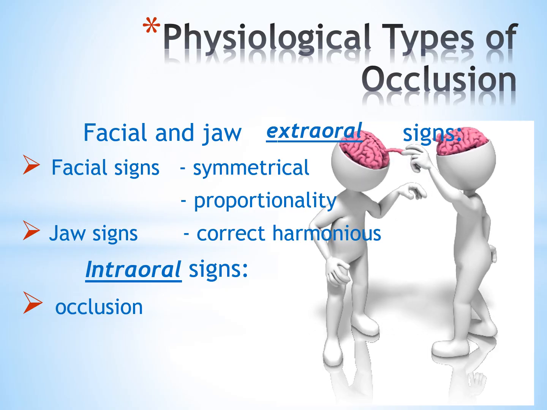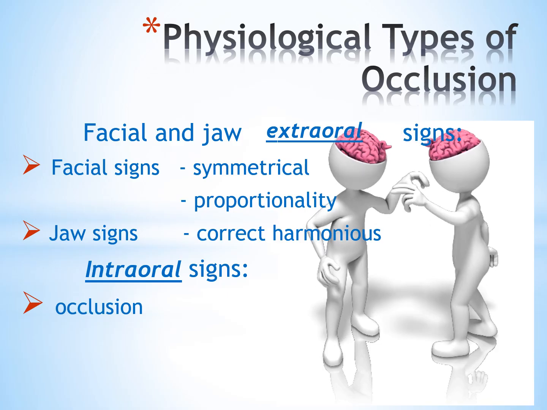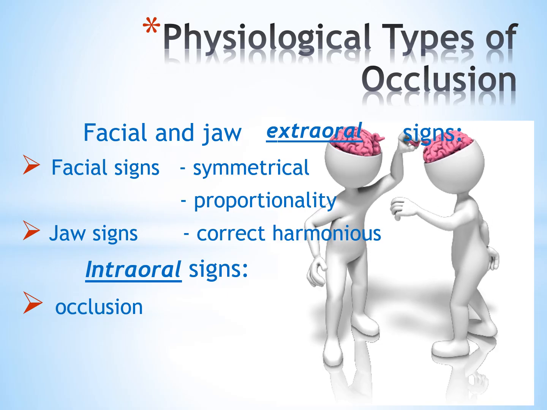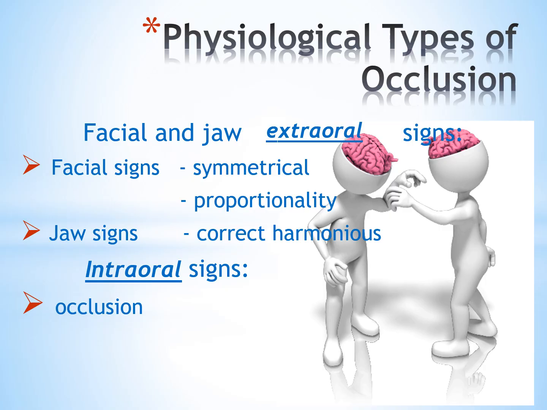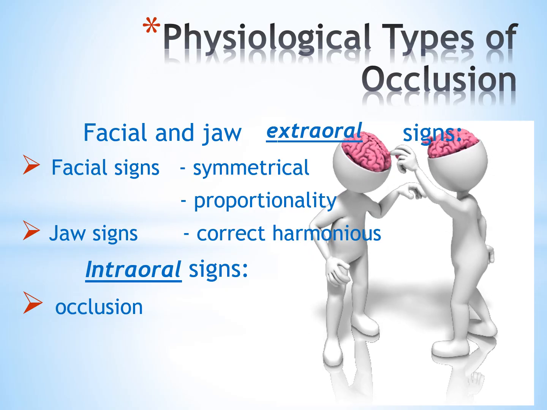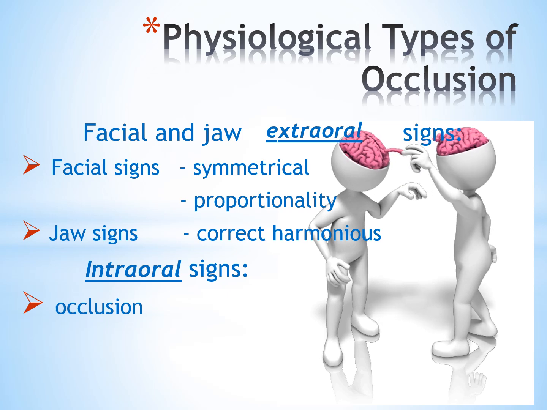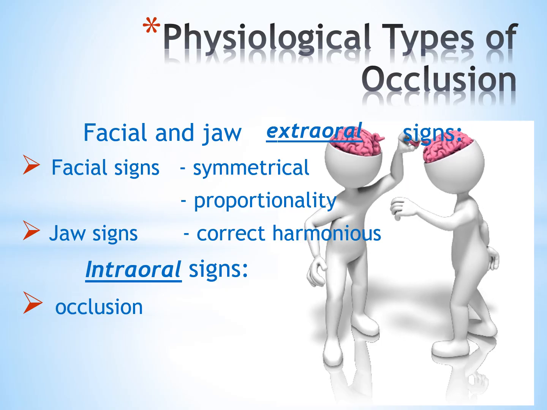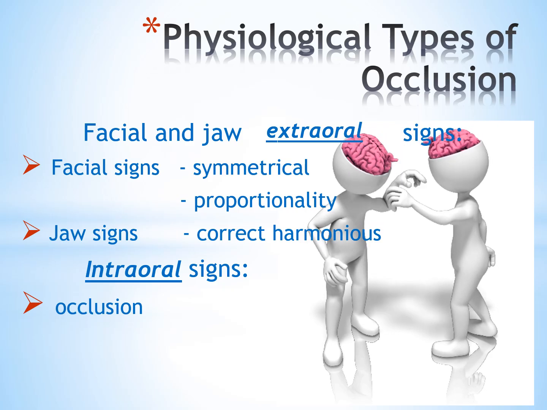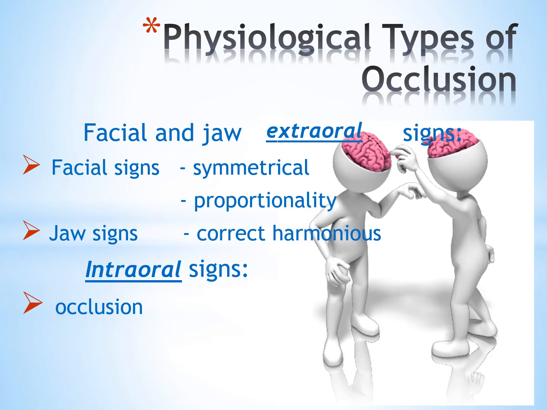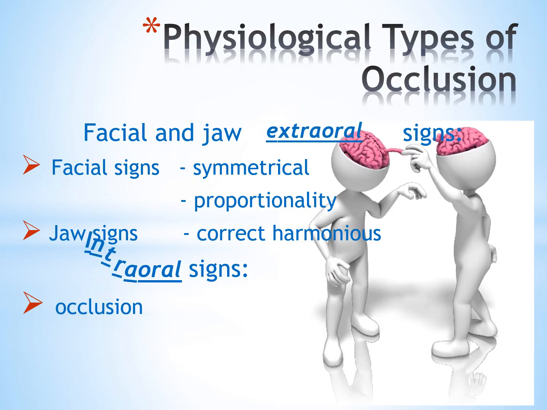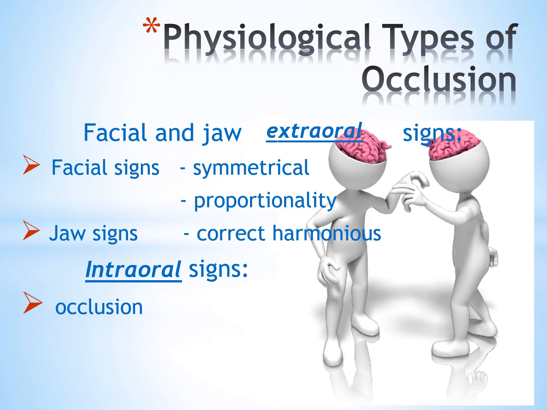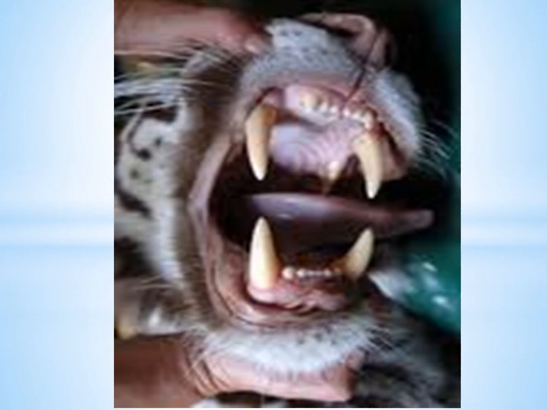First of all, we need to know that there are different signs of physiological and pathological occlusion, and they are divided into extraoral signs, like facial signs, symmetry and proportionality, and jaw signs, correct and harmonious, and intraoral signs, occlusion. So extraoral and intraoral.